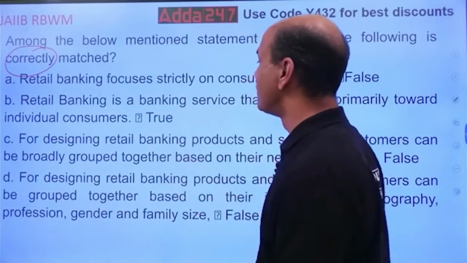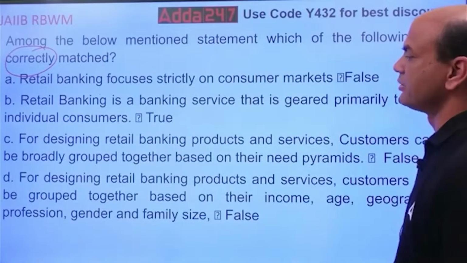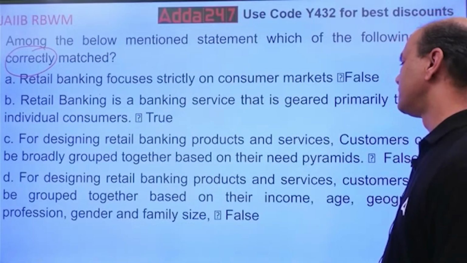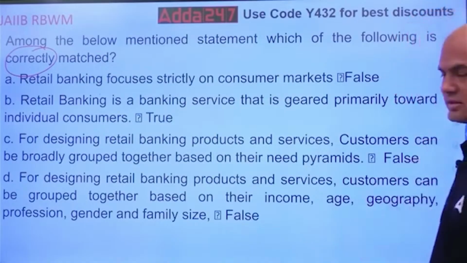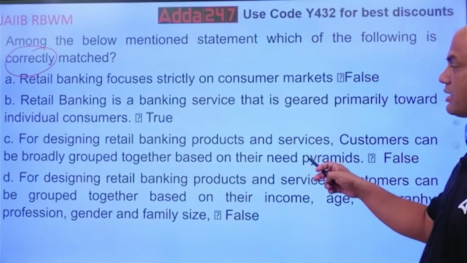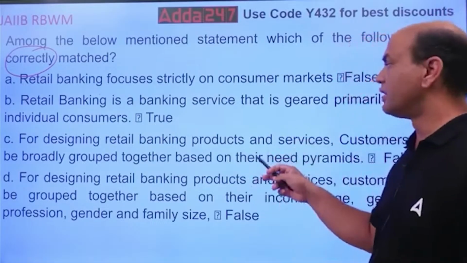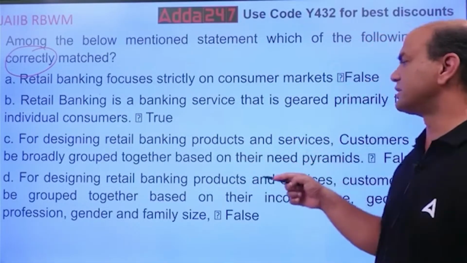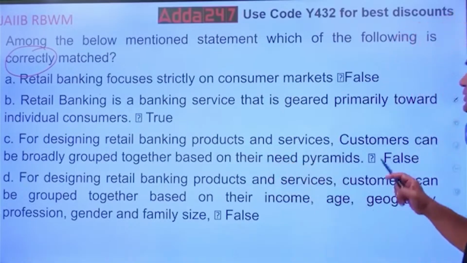For designing retail banking products and services, customers can be broadly grouped together based on their need pyramids. False. Now this statement is true actually. You have to group the customers as per their needs. But here the option is false. What do you want?